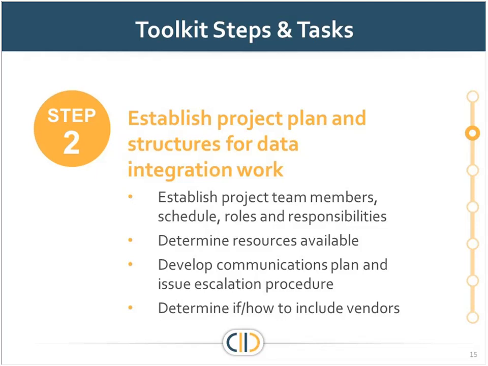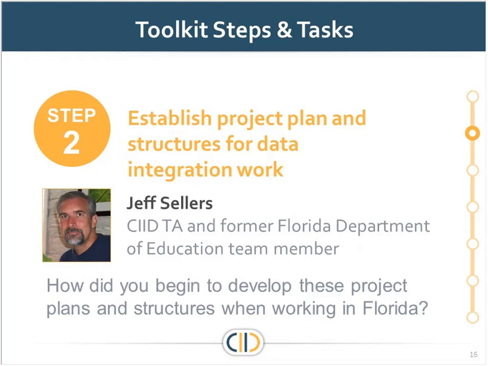And then in addition to that, how does this impact vendors that you currently work with, and also future contracts related to these data systems that are being integrated, and then after integration, what would this look like from a vendor relationship and contractual relationship perspective as well. So this step is really focused on establishing that structure ahead of time before diving into the core components of the project itself. So Jeff, do you want to pick up where you just left off?